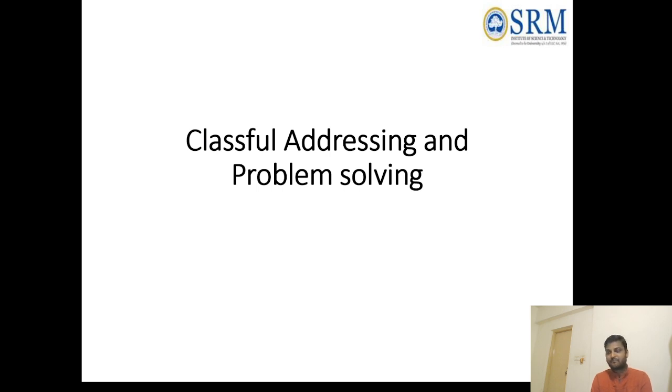However, this IP address has two parts. One is the location identity of the particular network. For example, in our lab, the particular network is the LAN network of that lab room.